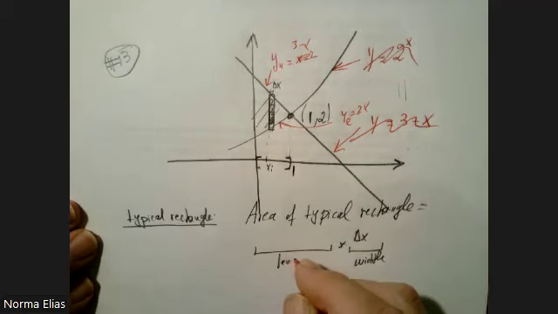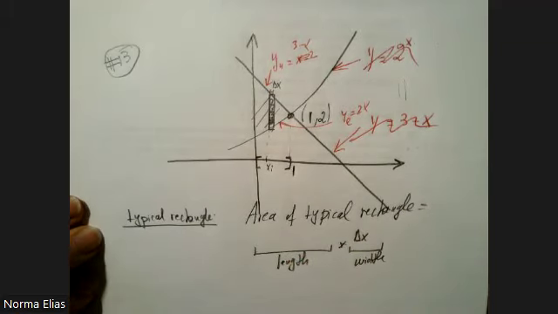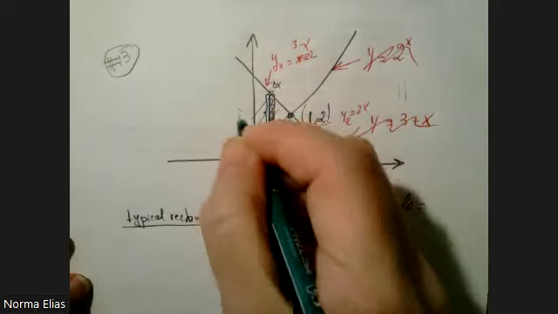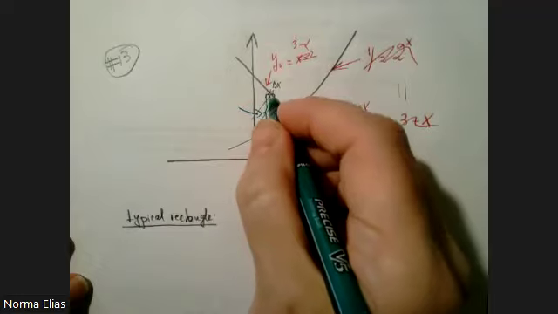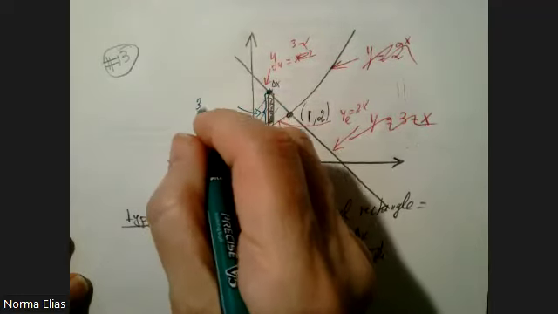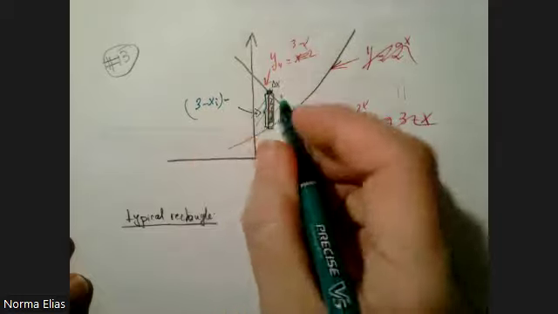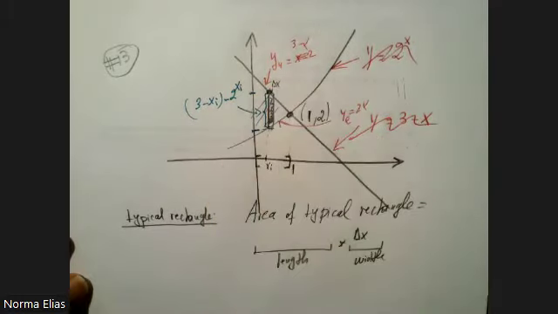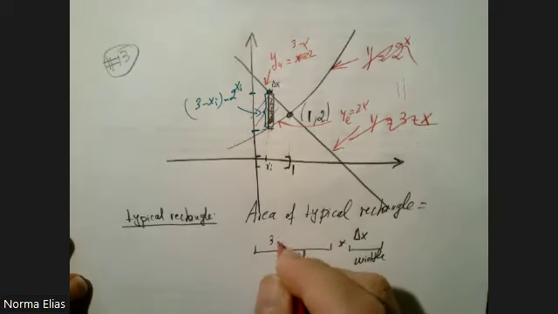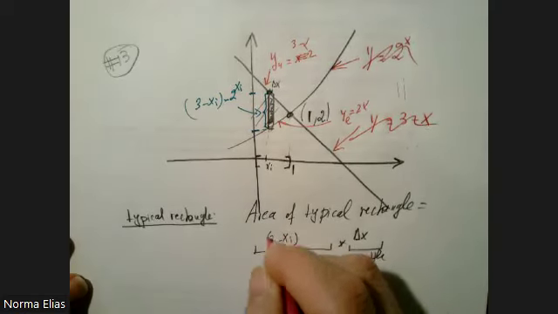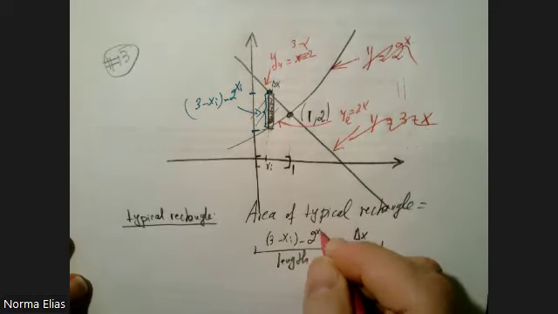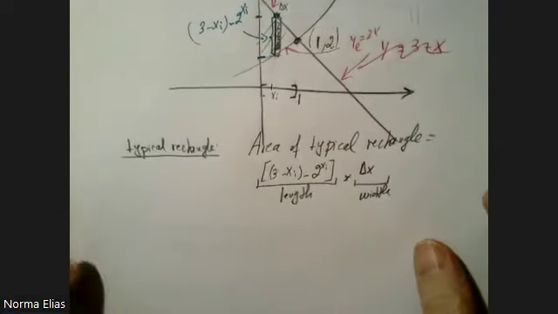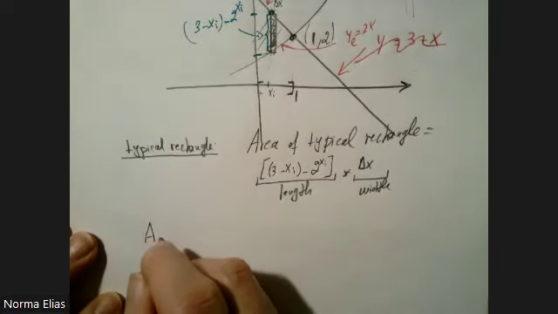The length of this rectangle is how much I have from here to here. If this is xi, this point here is 3 minus xi, and I take away from it 2 to the xi. This gives me the length, 3 minus xi minus 2 to the xi. That's the area of a typical rectangle. Now the area of the whole region is almost the sum.